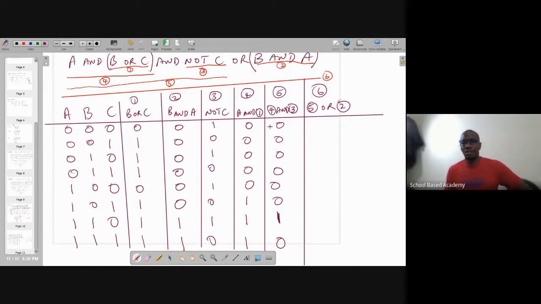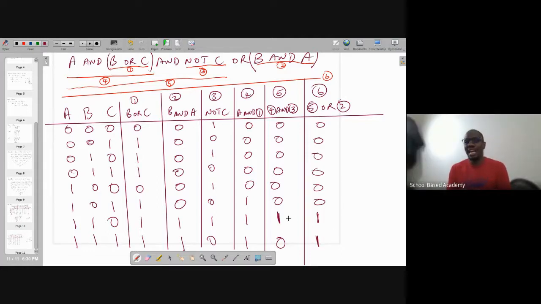So 0 or 0 is 0, 0 or 0 is 0, 0 or 0 is 0, 0 or 0 is 0, 1 or 1 is 1, and 1 or 0 is 1. So this is the result.